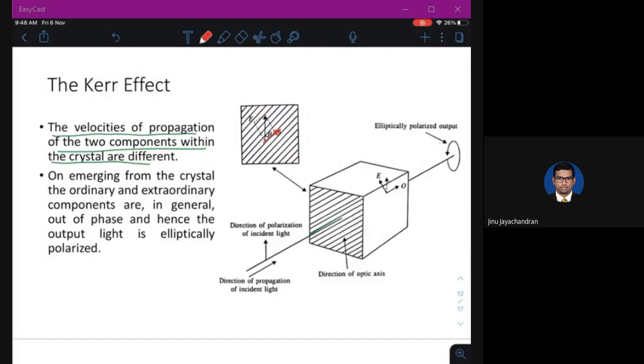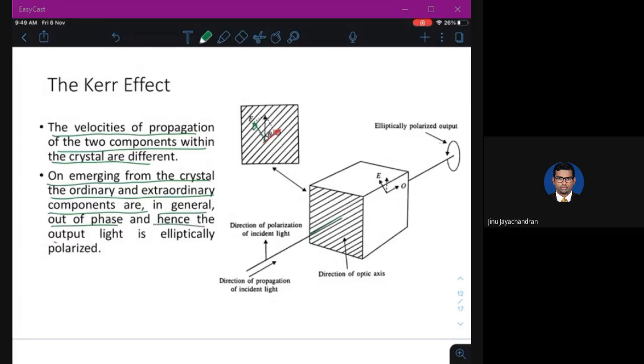But the component which is perpendicular to the optic axis will encounter different refractive indices at different points, which means the velocity of the light will change. So the velocity of propagation of both the components will be different. On emerging from the crystal, the ordinary and extraordinary components are, in general, out of phase.